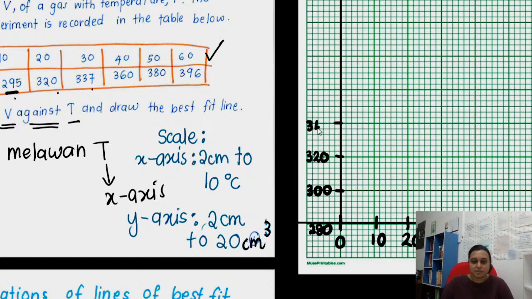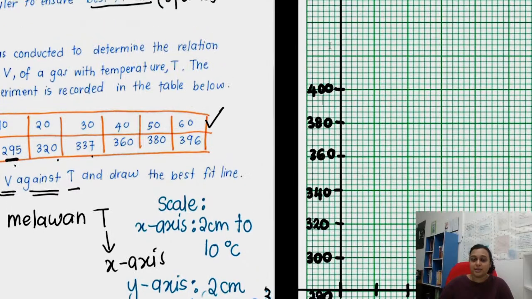Okay. Here is 340. Okay. Here is 360. Here is 380. And here is 400. So I think sampai 400 sudah cukup, right? We don't need until all the way up. So you can stop maybe until 420.